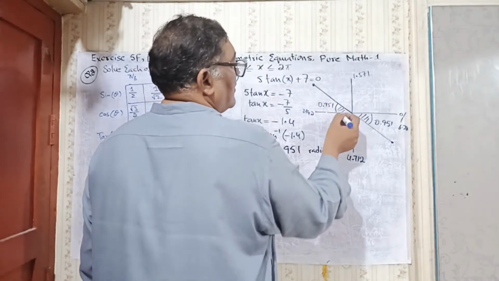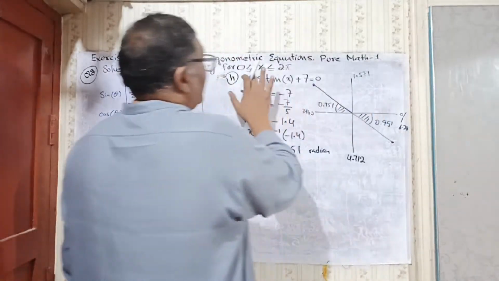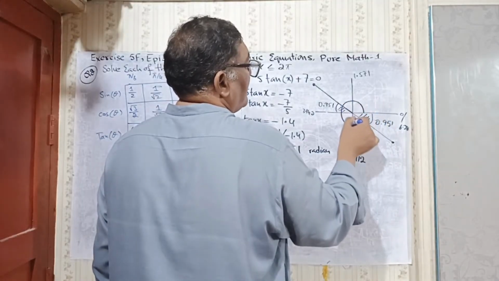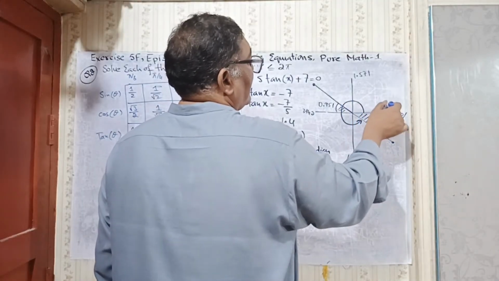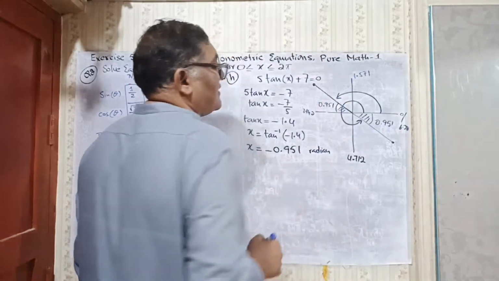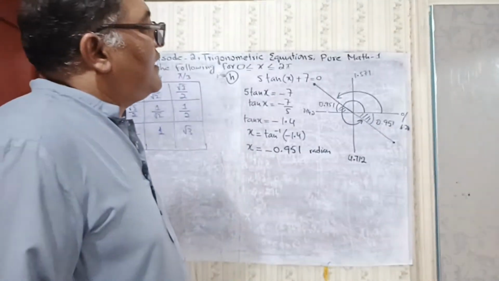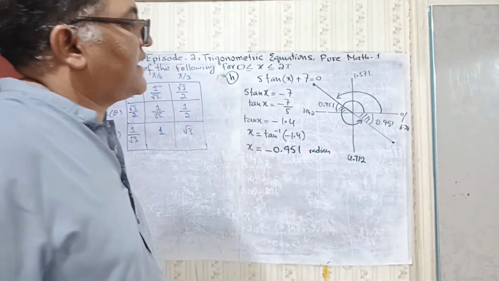Because I have to give the answer from 0 to 2 pi, I need to know how much this angle is in the fourth quadrant, the positive angle, and the angle in the second quadrant.